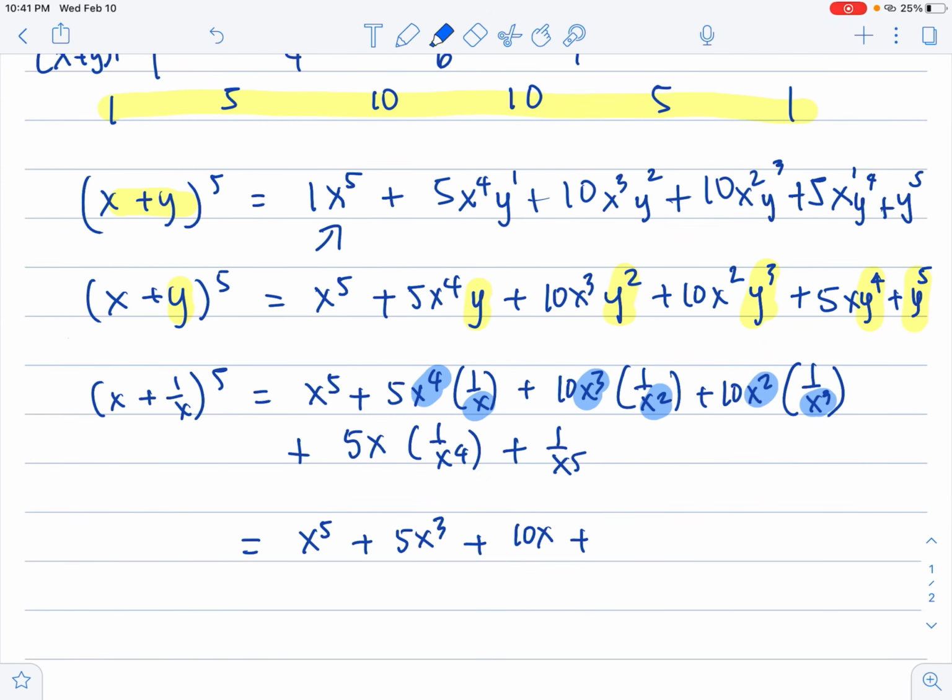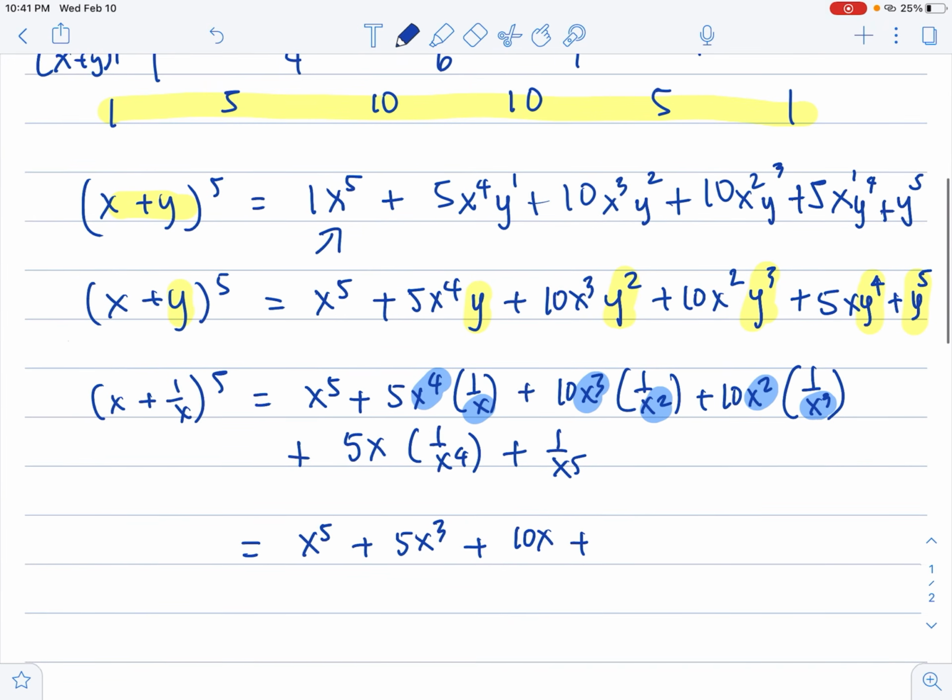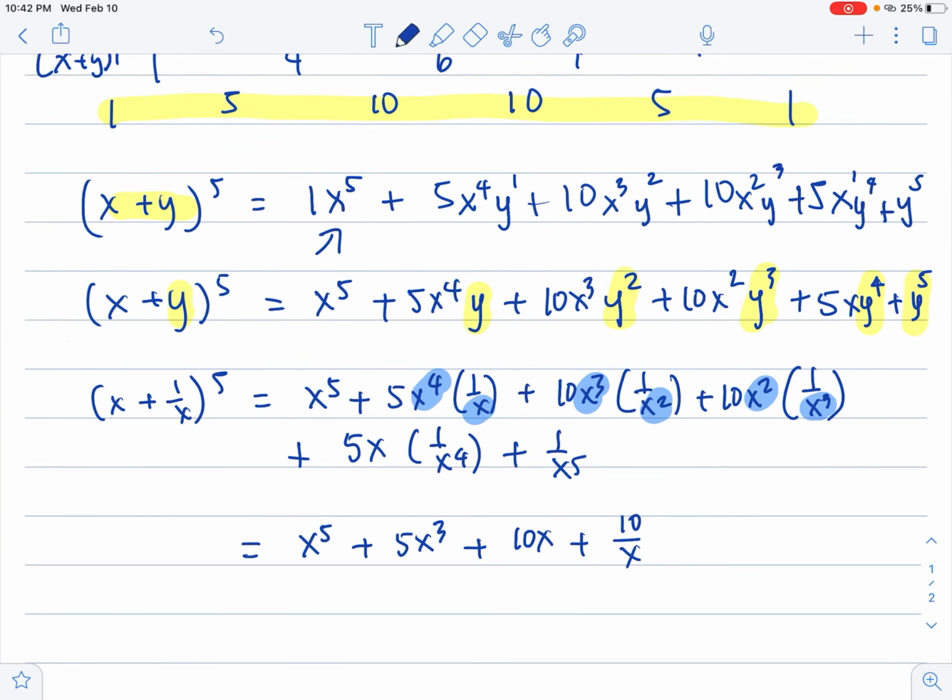Mas maraming ng isang x yung denominator, no? So magiging 10 over x, no? And then we have plus yung 5x tsaka x to the fourth. May matitirang x cubed sa denominator, 5 over x cubed, and then plus 1 over x to the fifth.